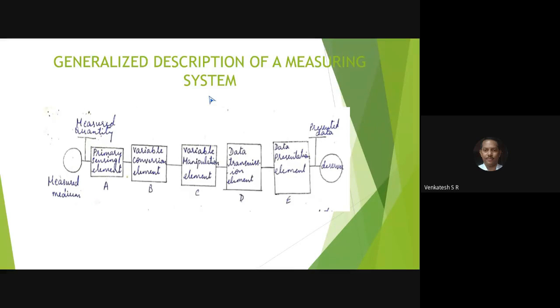So these 5 basic elements are required for a measuring system. Very, very important. You can expect this question in the examination. Without this question, there is no question paper at all. Please, all of you, write down, very, very important.